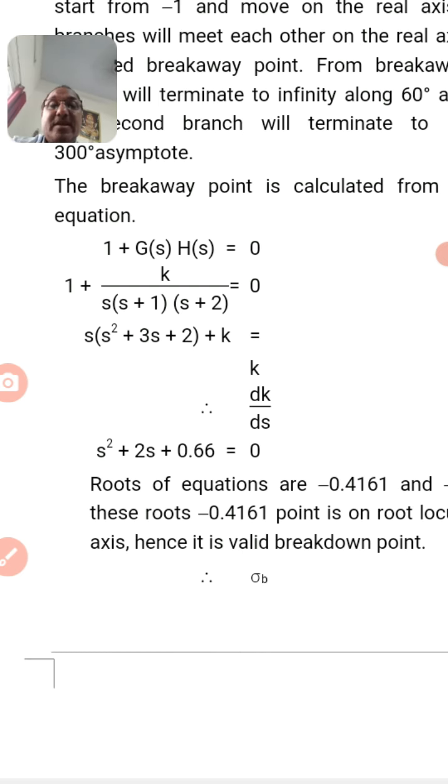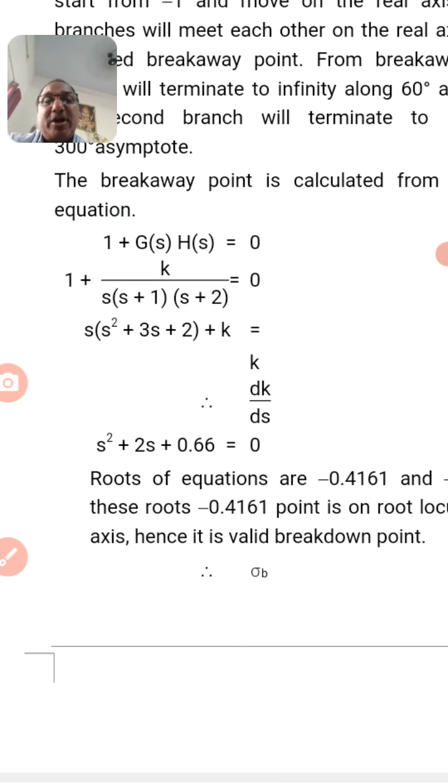Now we have to take dk upon ds, or its derivative, to find the breakaway point. It is important to find this.